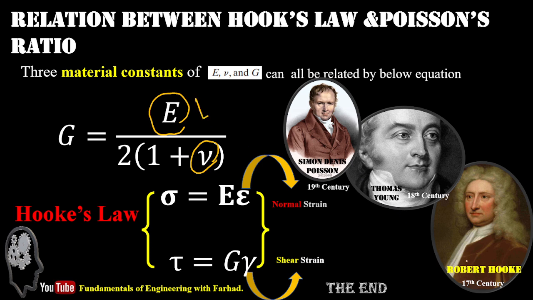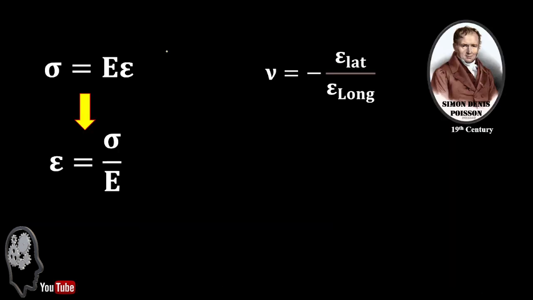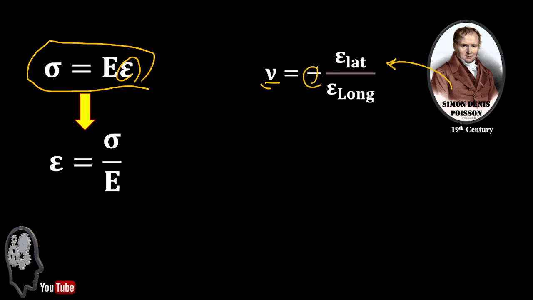Rearranging, strain is stress over modulus of elasticity, and Poisson's ratio nu is equal to minus the lateral strain over the longitudinal strain.